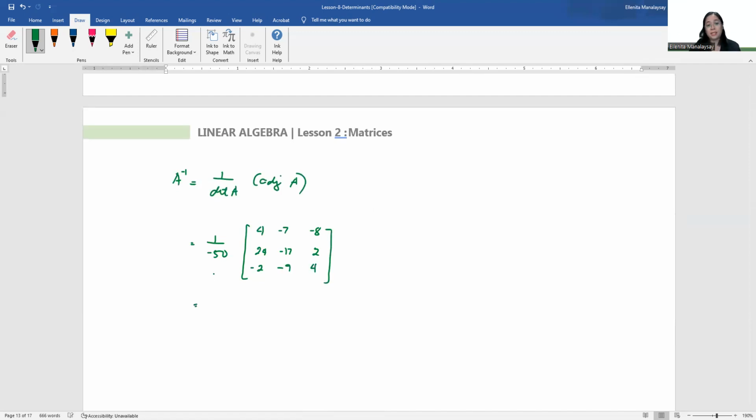Okay, so since this is a scalar constant, all we need to do is multiply it to each of the entries of this adjoint.